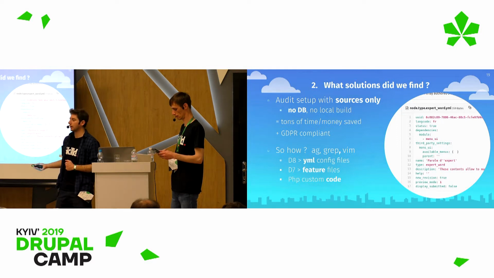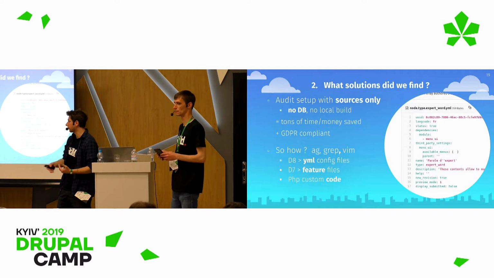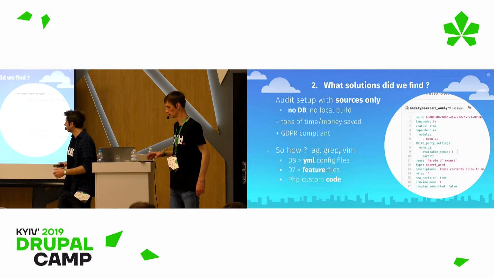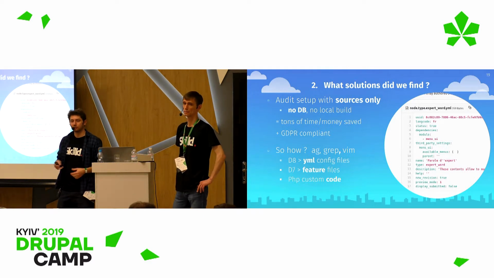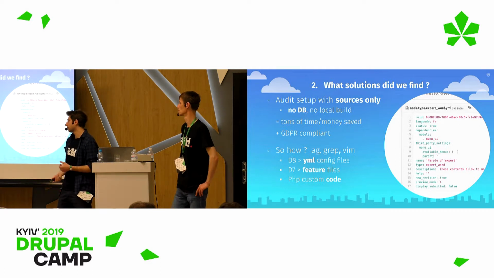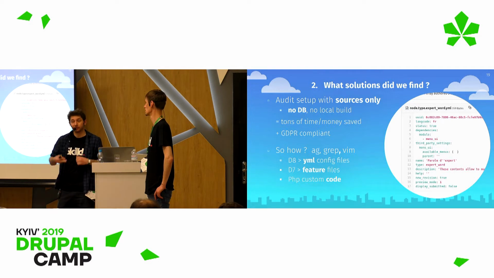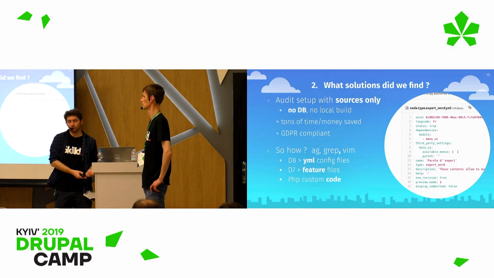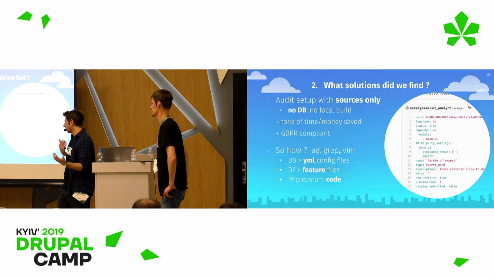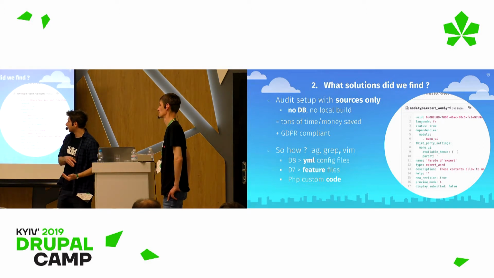So you don't need to have the website running to look at the custom code. You just have to go in it and do some grep and some checking of the code itself. You don't need the data for that. With Drupal 8 and the YML configuration files, it's easy to do. And if it's a Drupal 7 site, you can look at the feature files themselves. So that's what we do right now.